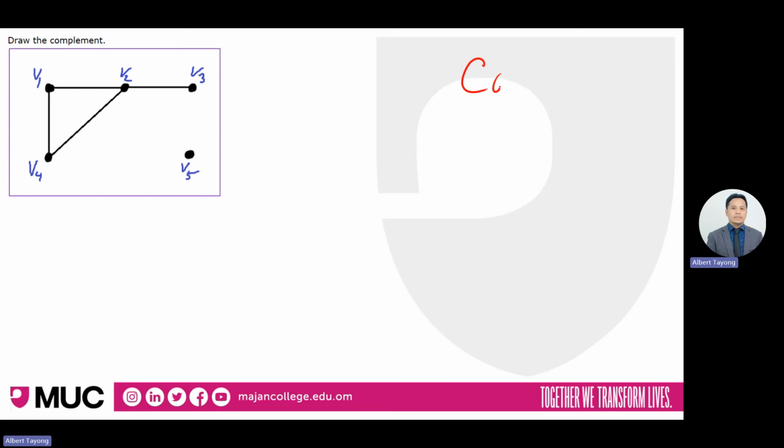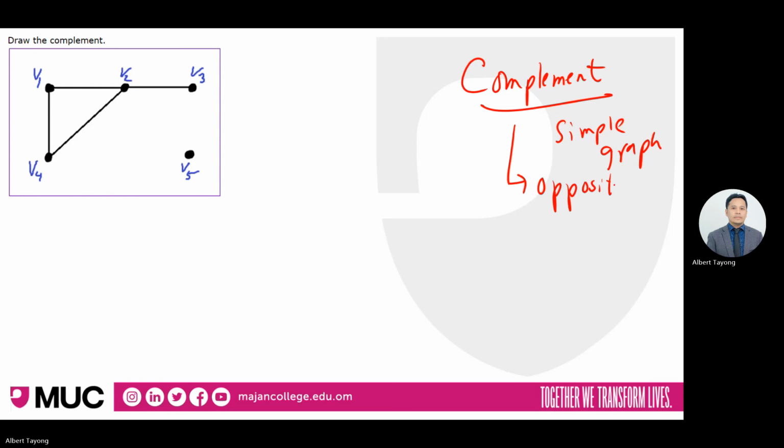When I say complement, usually when we talk about complement, we talk about simple graph. So this means that we don't have loops and we don't have multiple edges or parallel edges. When I say complement, it is the opposite of the original graph. So this is our original graph.